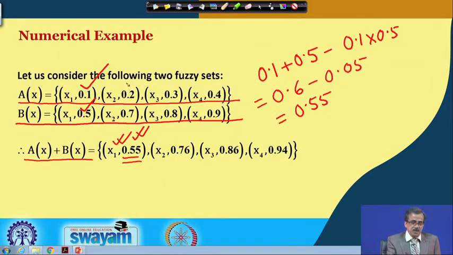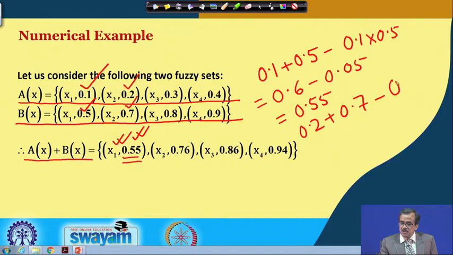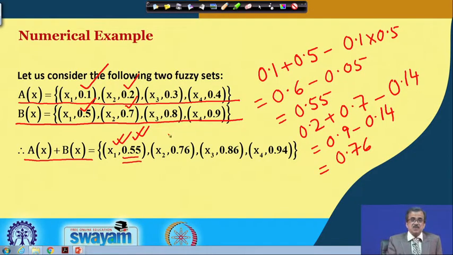Similarly, corresponding to this x 2, I have got 0.2 here, 0.7 here. So, 0.2 plus 0.7 minus 0.2 multiplied by 0.7, so it is 0.14. So, this is nothing but 0.9 minus 0.14, and this will become equal to 0.76. So, corresponding to this x 2, I will be getting 0.76.